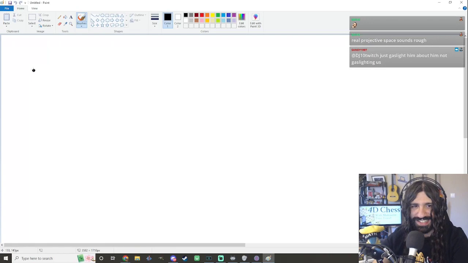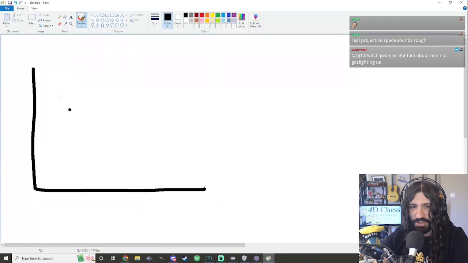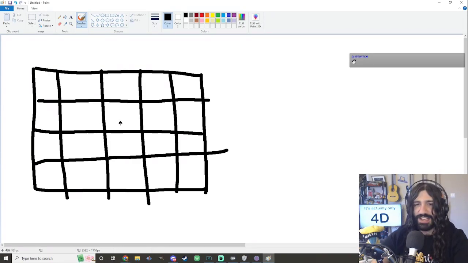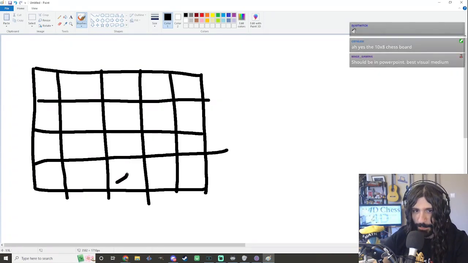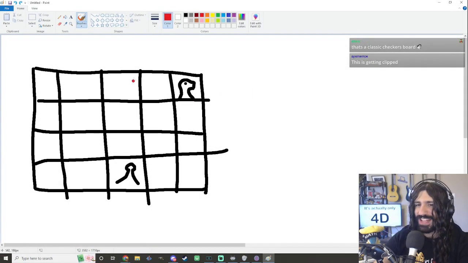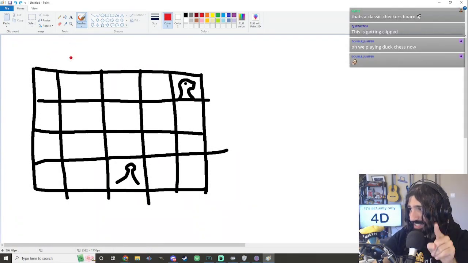Here's my idea. Okay, so there's a chessboard here on one half of the screen. So chess happens here, right? There's a pawn. Here's a horsey here. Oh God. So let's say that the topology in this moment is Klein bottle, okay?